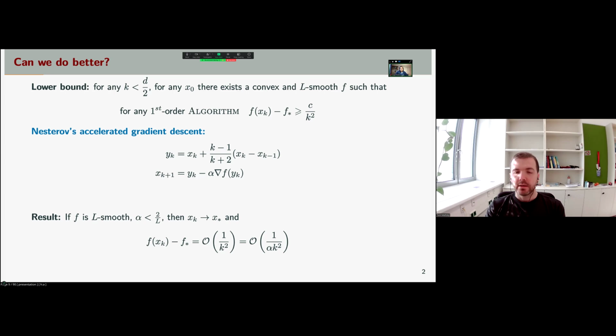So basically the same as we had before, just k is changed to k squared, much better.